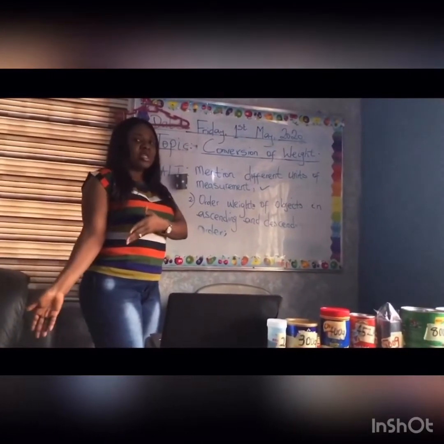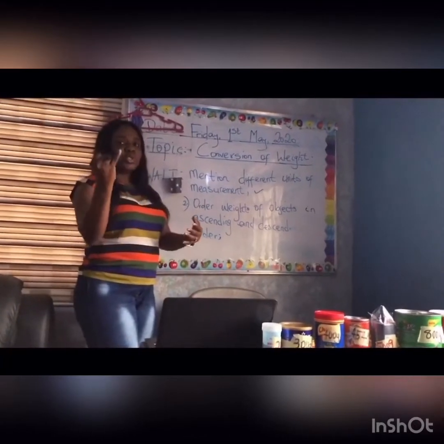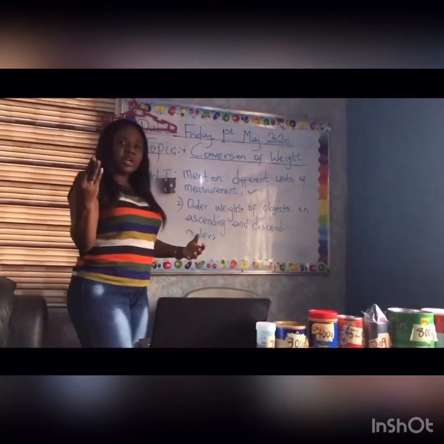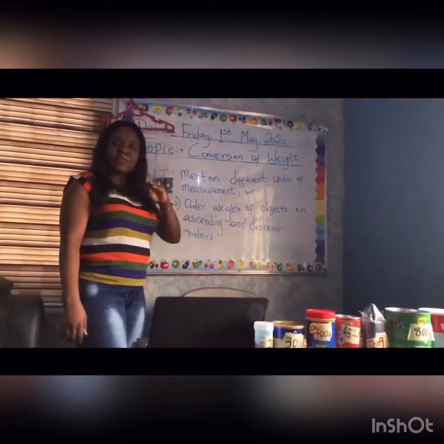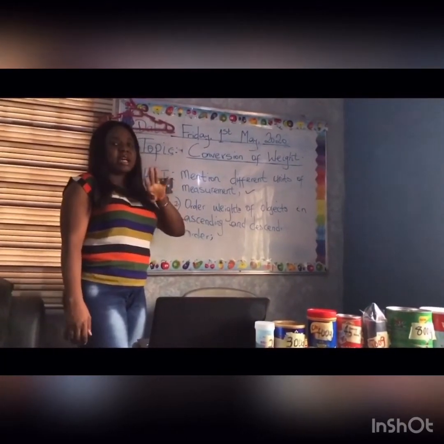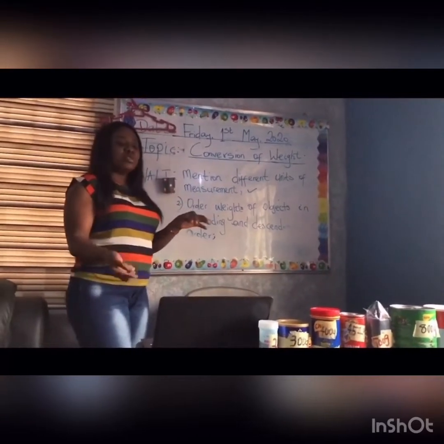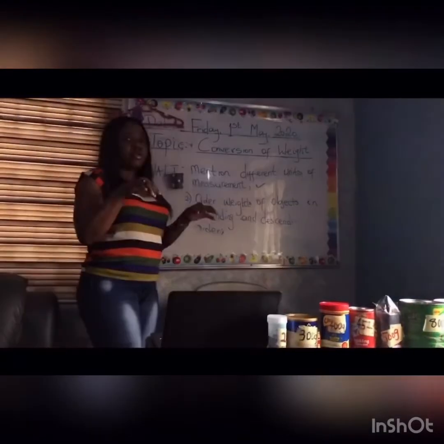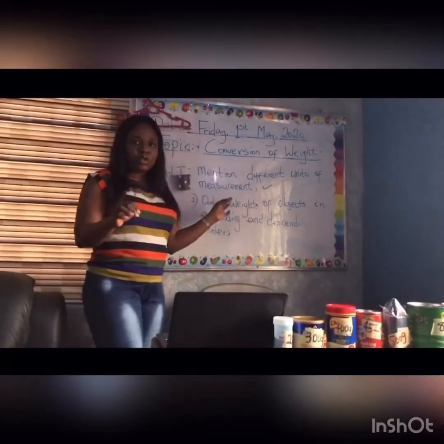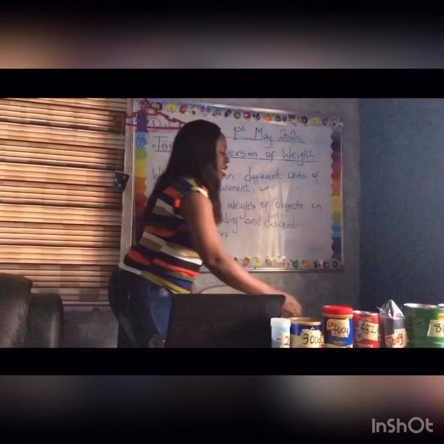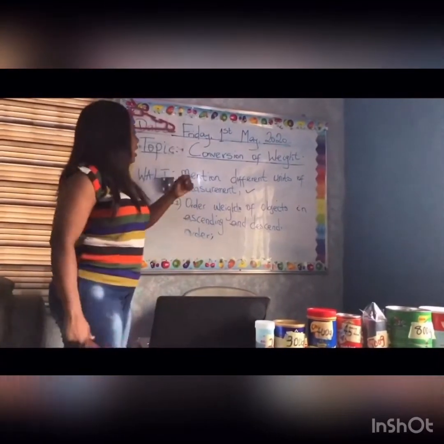But rather we are doing it in hundreds. 100, 200, 300, 400, 500, 600, 700, 800, 900, 1000. Please, you can watch again to get this because we'll be needing it for this particular topic. Okay? Smart kids. Let's get cracking.